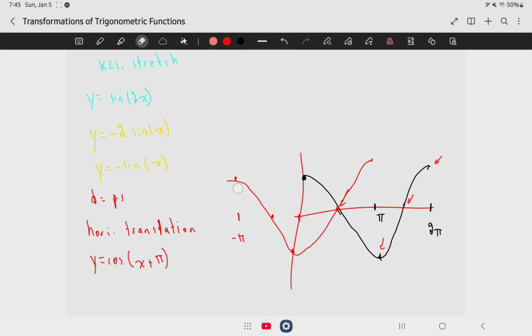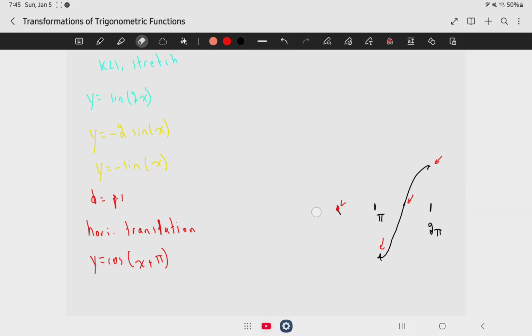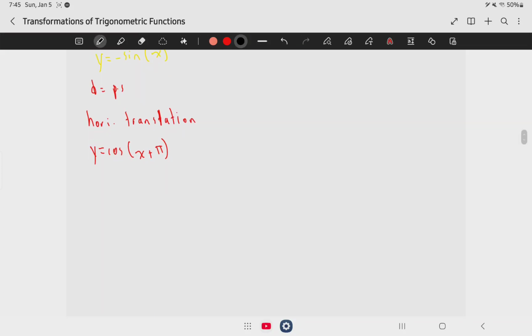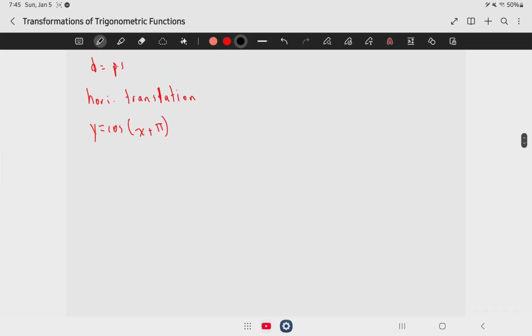So now, with that being said, there is one thing to be wary of when doing graphs like these, or equations, I should say. And that is, sometimes you'd be able to factor out a k-value from inside the brackets. So what that would look like would, let's say we had an equation that says y is equal to sine of, let's say, 2x minus pi, right?